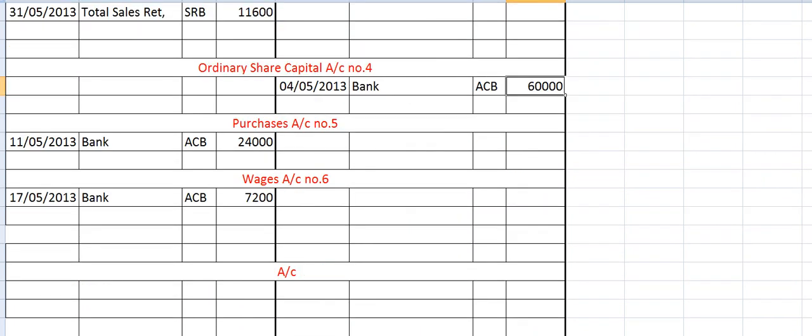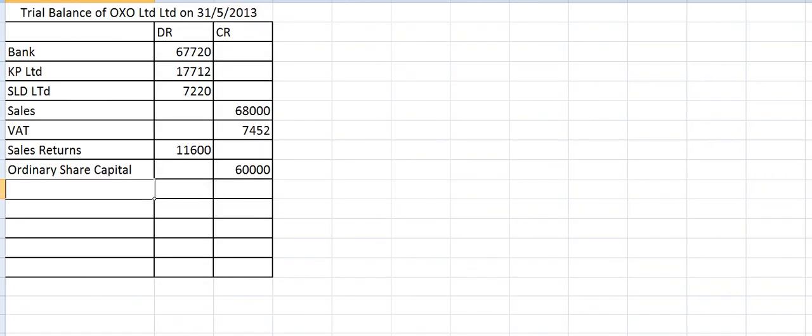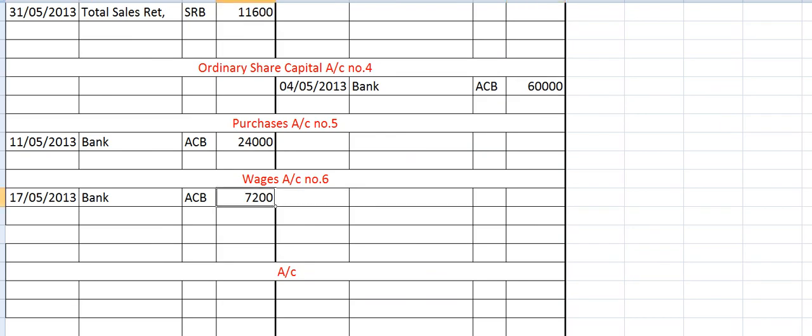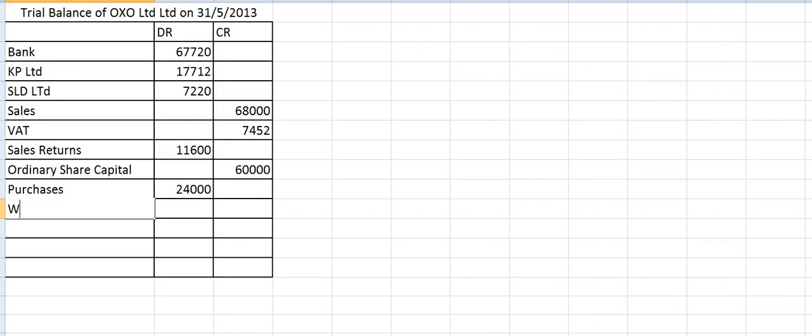Purchases, debit 24,000. And finally wages, debit 7,200.